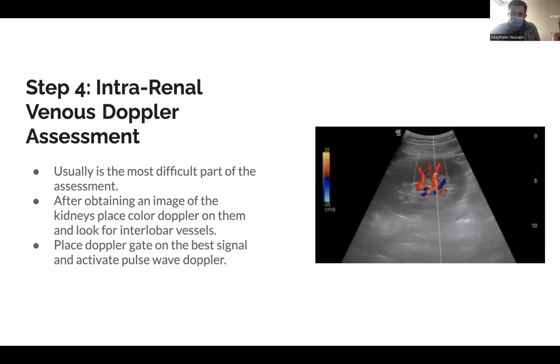Moving on to the next step, this is the hardest part of doing a VExUS scan, which is getting an intrarenal venous Doppler. The way to do that is by identifying the kidneys. You can technically do it while you're still in that same position, and you aim a bit posteriorly until you can visualize the kidneys.